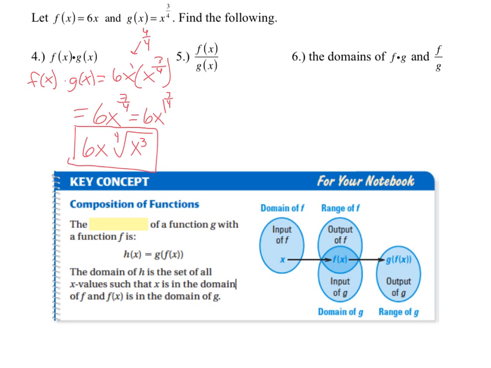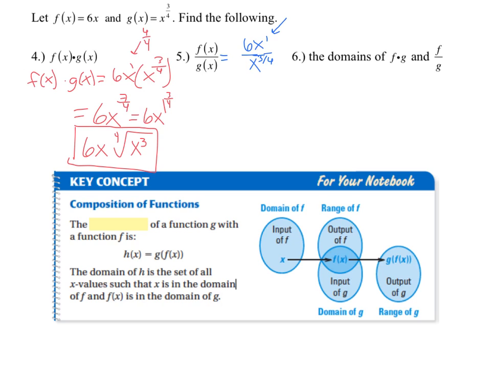On to division. So if we take f of x and divide by g of x, I have to subtract my exponent when I divide the same base. So remember, this is a 1.